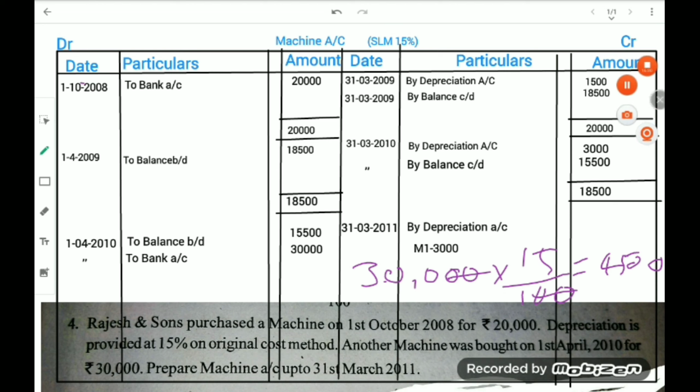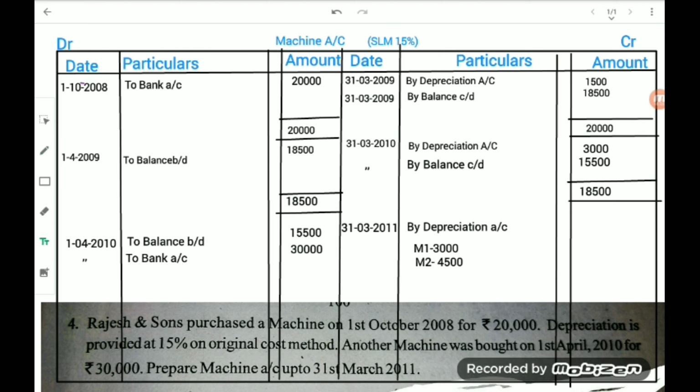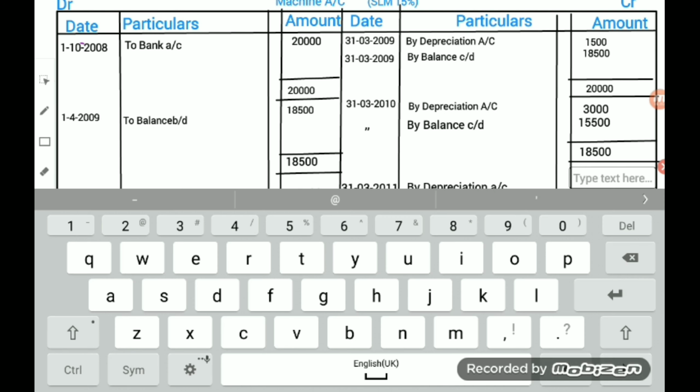Machine 1 depreciation is 3,000, machine 2 depreciation is 4,500, so the total is 7,500 depreciation for both the machines.